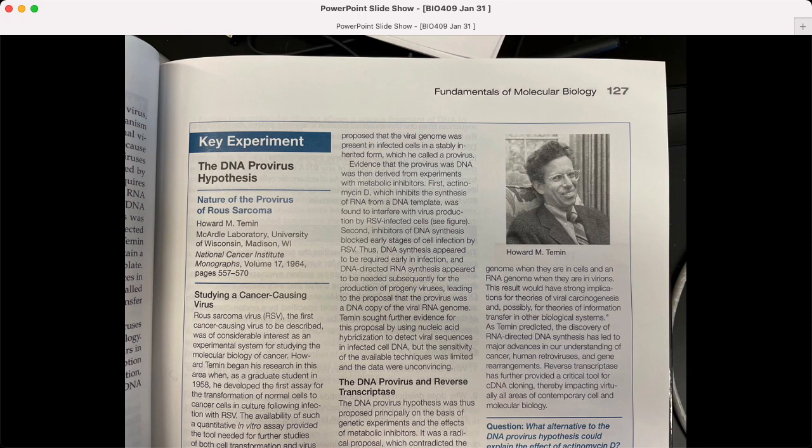But in the process of the discovery, Temin figured out the replication cycle of the virus: that it infects the cell as RNA, then it has to get reverse transcribed into DNA. And he won a Nobel Prize for that because it's a really powerful tool in the understanding of those viruses and that set of viruses that were causing cancer.